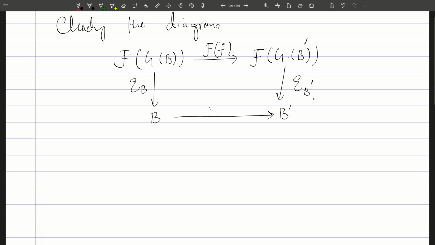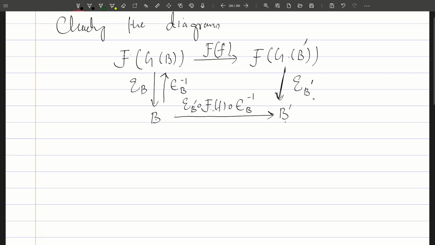So going from B to B prime is the same as first going via this map, which is epsilon B inverse, then following F of f, and finally epsilon B prime.